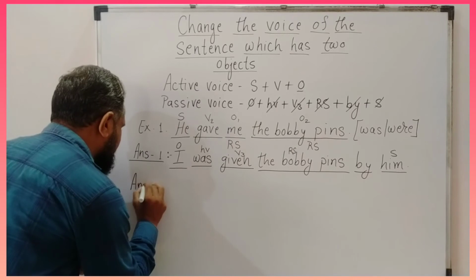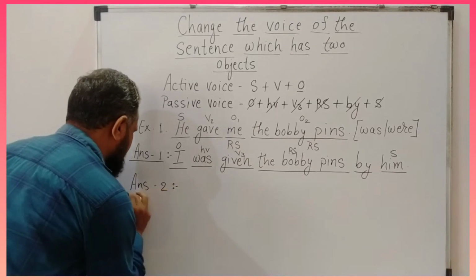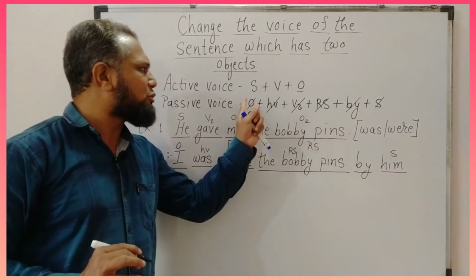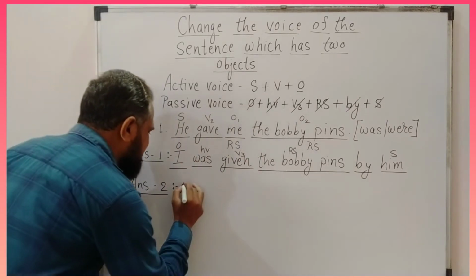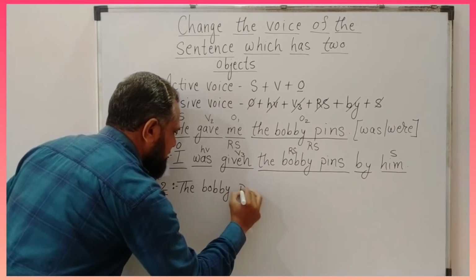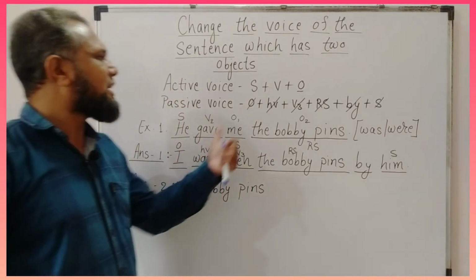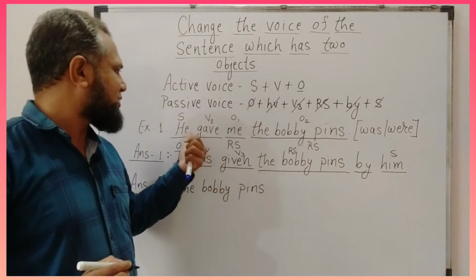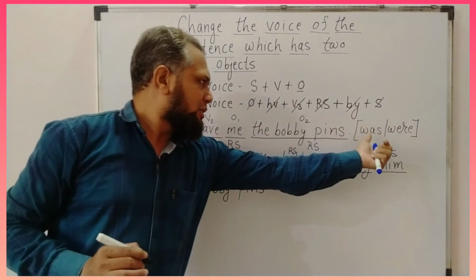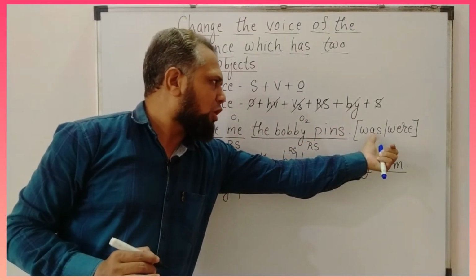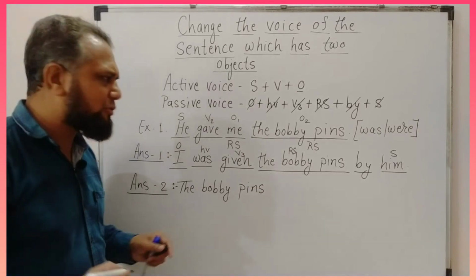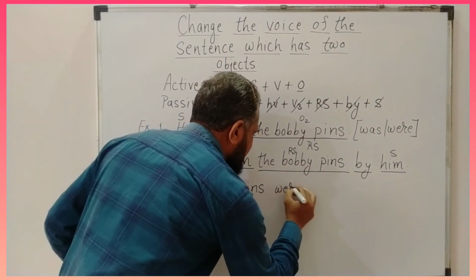Now we will write the second answer of this sentence, in which we will consider the bobby pins as object, and therefore we have to consider me as the remaining sentence. Now answer number 2. So if we consider the bobby pins as object, then we have to start from the object, the bobby pins. Thereafter the helping verb. As we have seen, the sentence is in simple past tense, therefore we will have to use was or were as our helping verbs, and the bobby pins are plural, therefore we will use were.